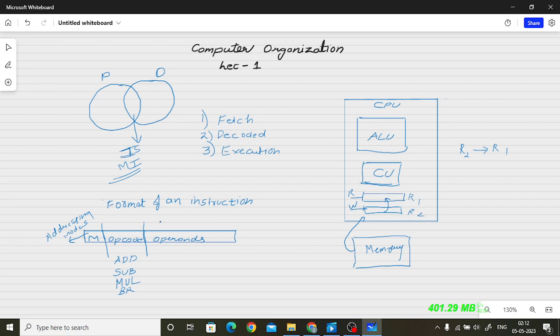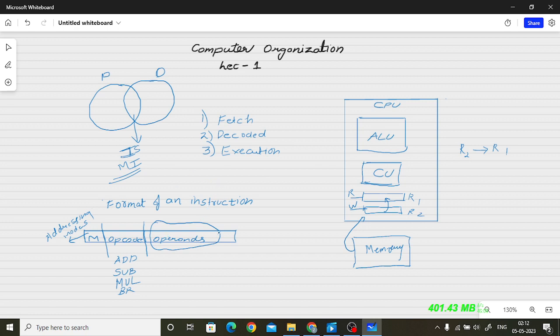The third part is the operand, and it depends on the addressing mode how we are going to get an operand. We have various types of addressing modes. We will see in upcoming lectures direct addressing, indirect addressing, register direct, register indirect, and so on. In direct addressing, the address of a memory location is present where our operand is residing.